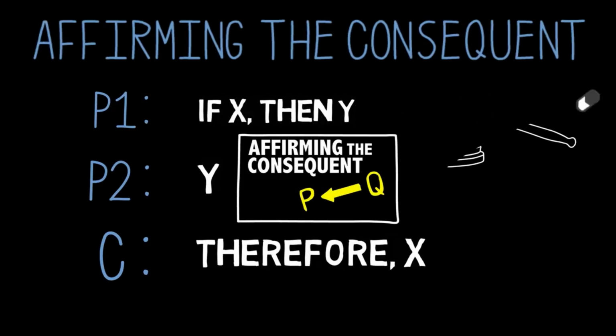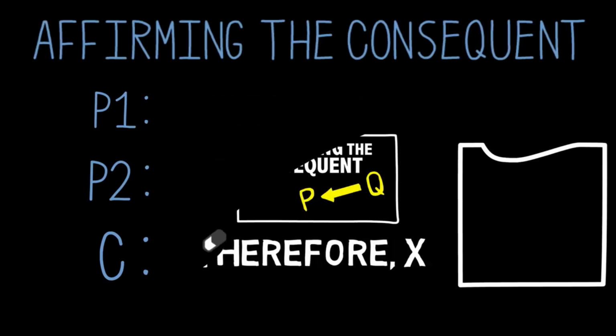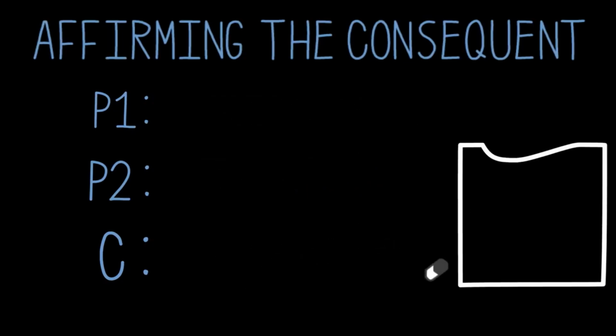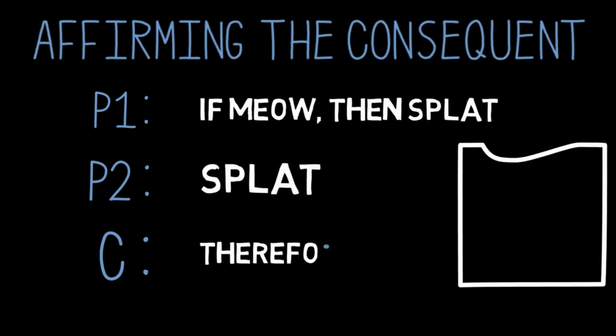But for now, we need to see that formal fallacies are fallacies because of the poor form of the argument. Any argument of these forms will be invalid. So anything can be plugged into these bad argument forms and the argument would be invalid. For instance, if meow, then splat. Splat, therefore meow, is invalid.